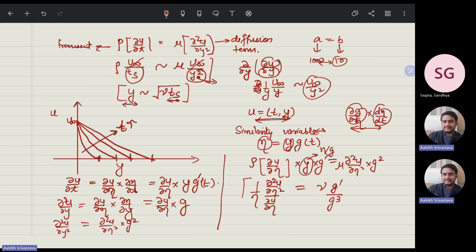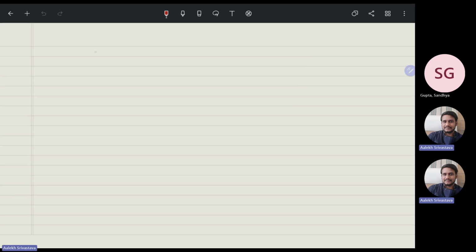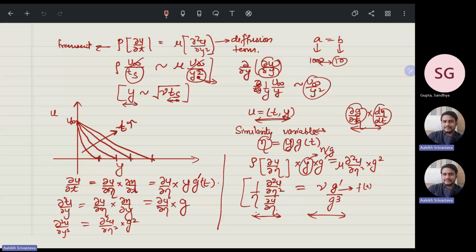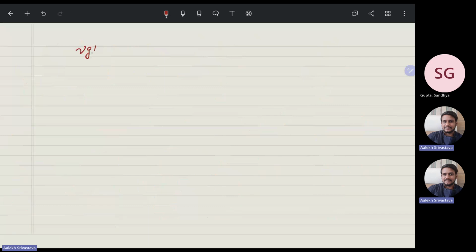So this is eta and this is g. So g is a function of only time, and this is a function of eta, a different variable. So each should be a constant value. Only then is it possible that both variables are separated.